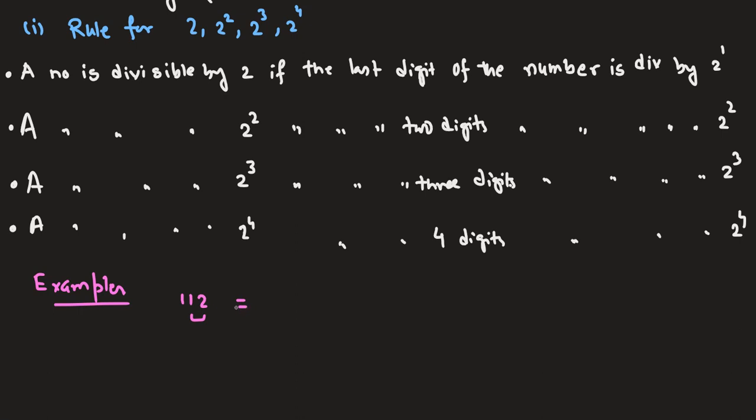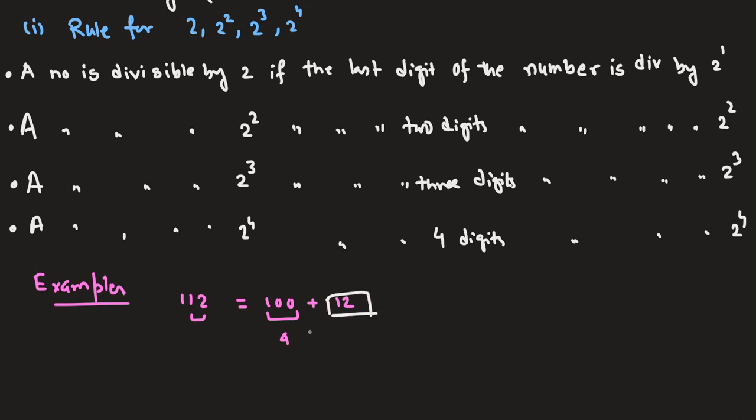First of all, we detach 12 from 112. So it will be 100 plus 12. Now this number 100 is always divisible by 4, so only the problem is about these digits.